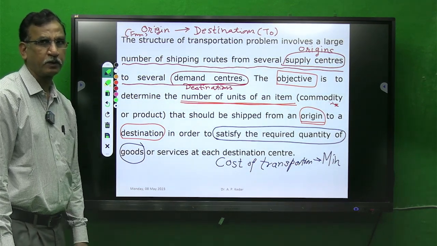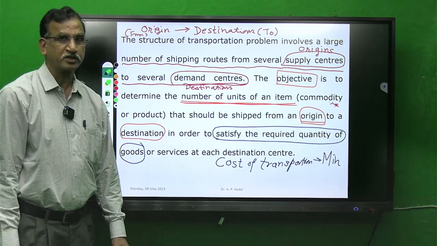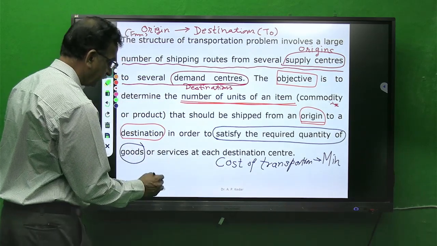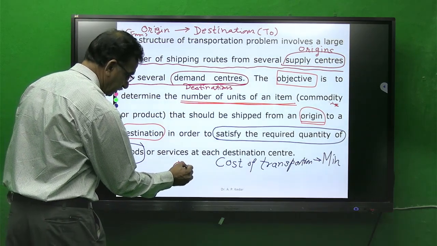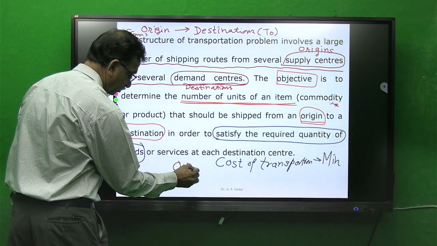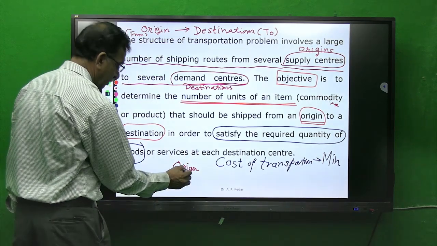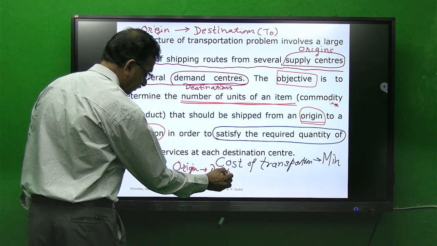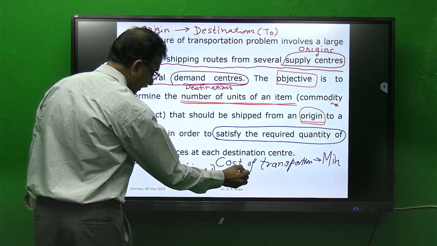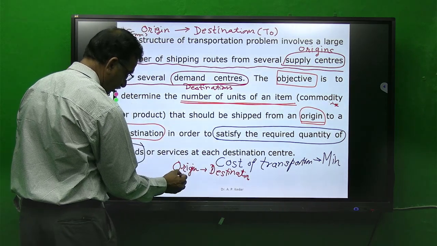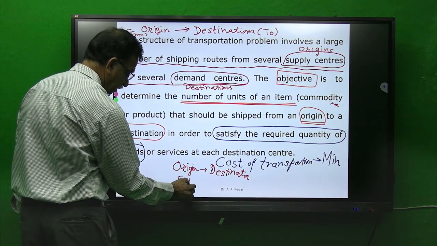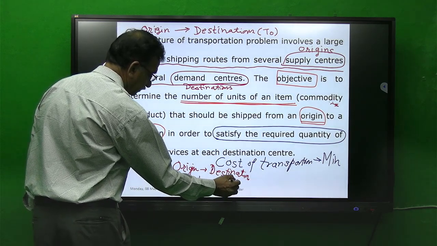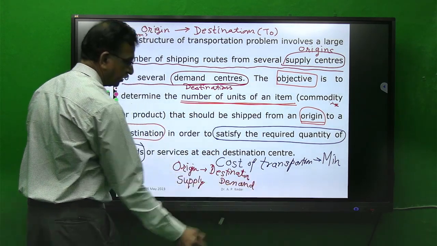If it is profit, the objective function will be to maximize profit. Now one thing again we have to keep in mind, as we have discussed these words origin and destination: origin will always supply and destination will always demand.